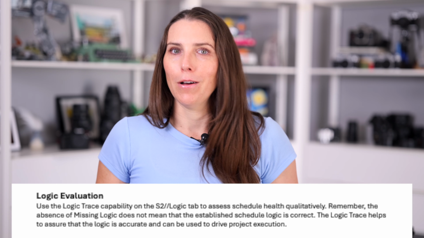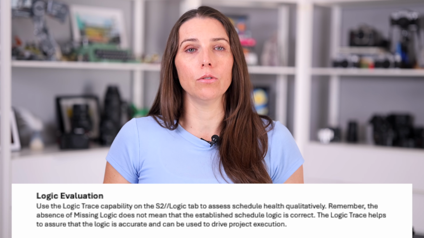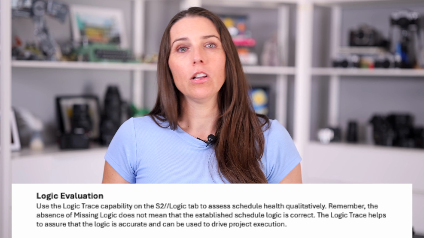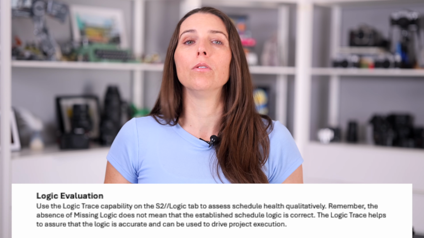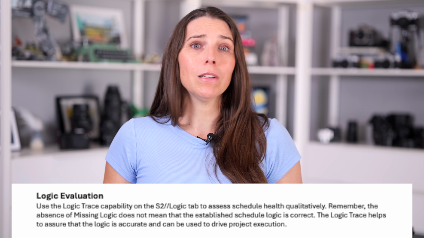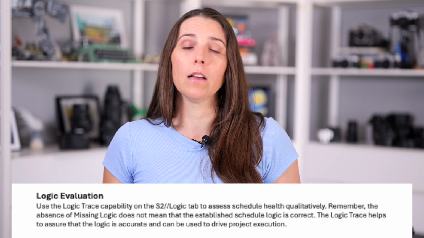So the next stop on this journey is to understand the driving logic to key milestones on the project. Acumen makes this easy with a driving logic assessment tool on the S2 Logic tab. Once you master this capability, you will be seamlessly and easily tracing driving paths to and from those key milestones, assessing with the team whether those paths make sense or if they need some tuning up.